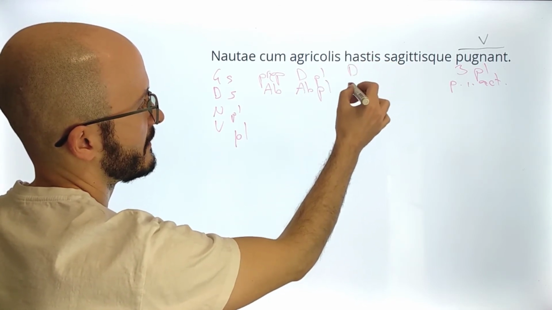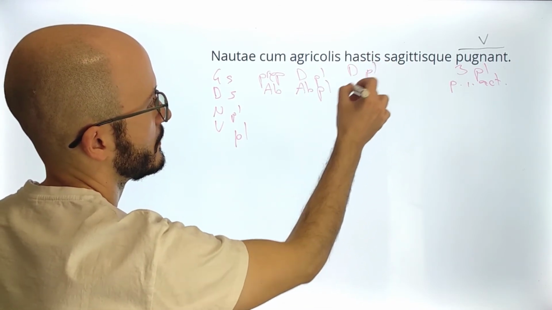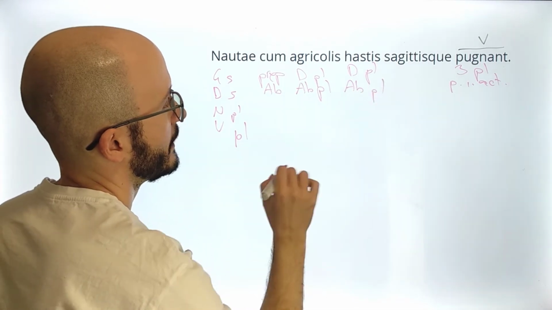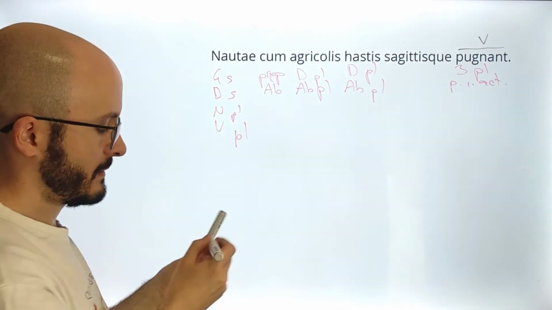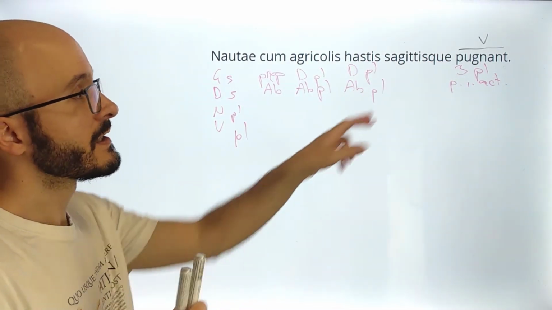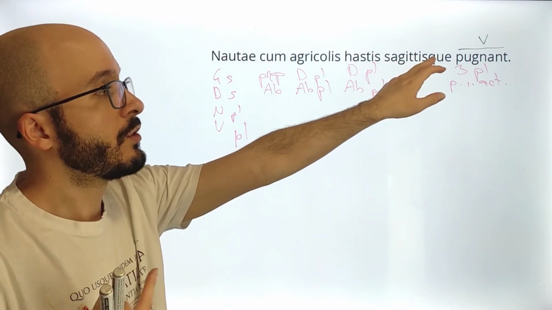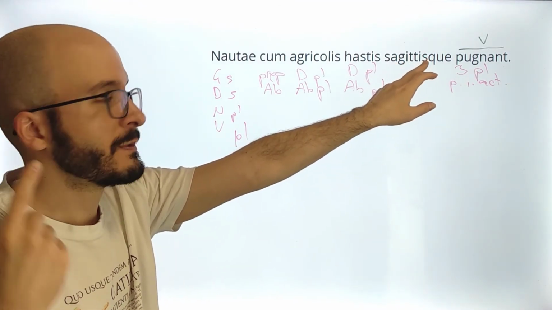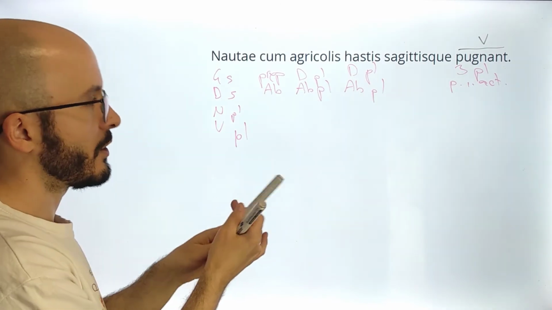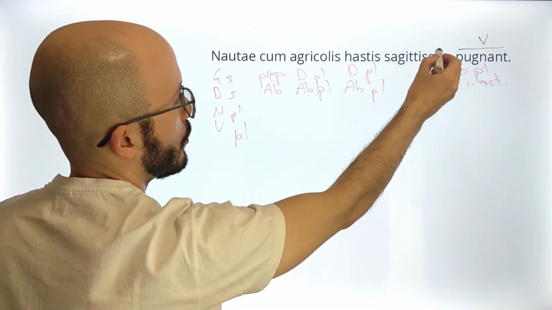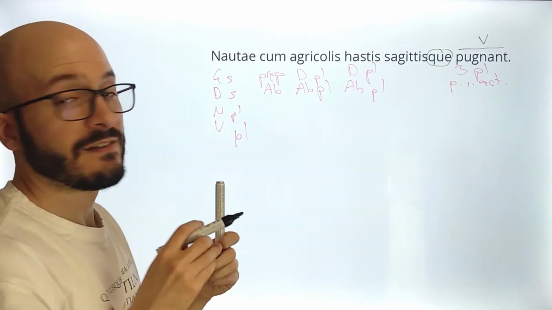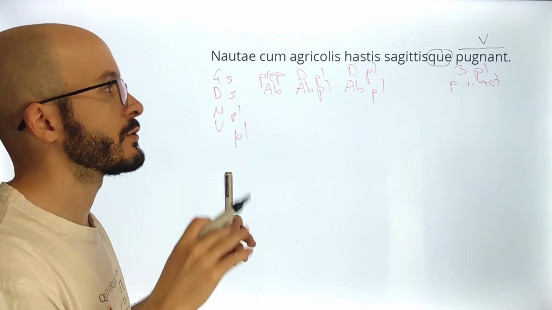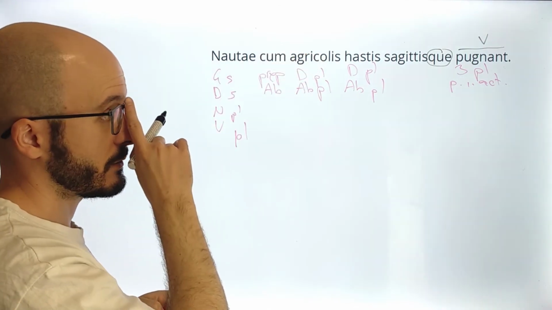Sagittis, dative, ablative, plural. And here, if you have studied the first class, not the 0th class, but the first class, you already know this thing here, que. If not, it's totally fine. We are going to see how this works right now, no?